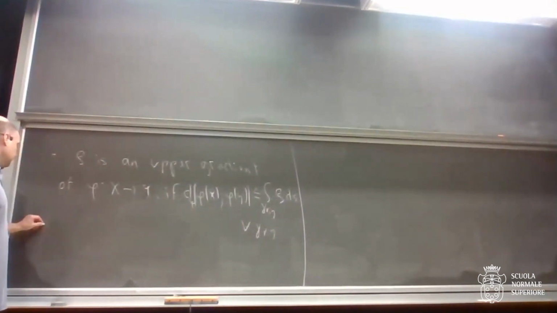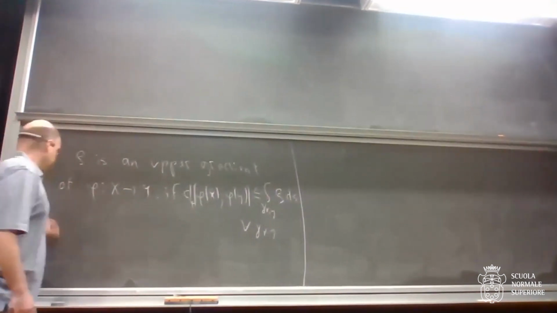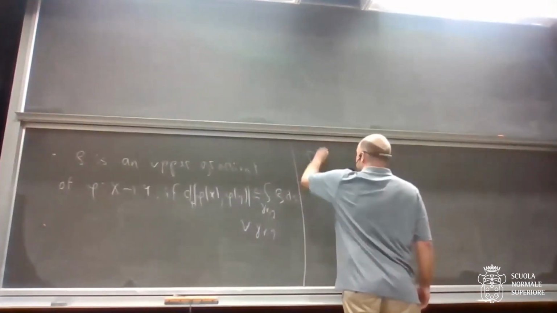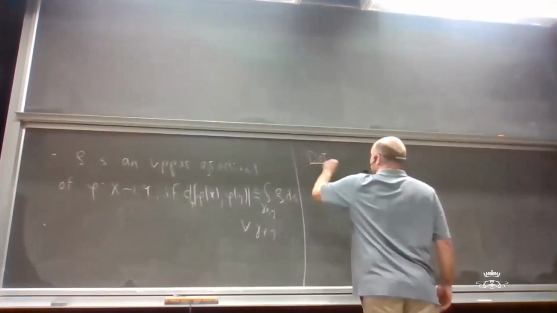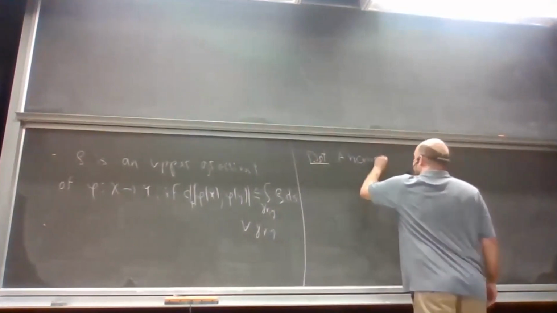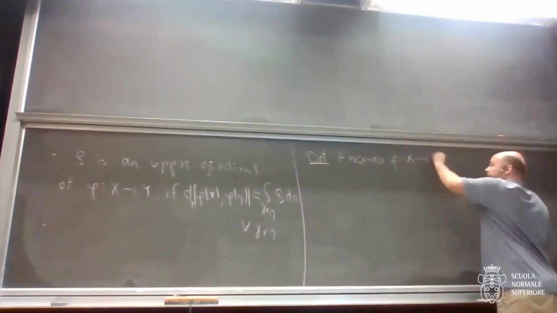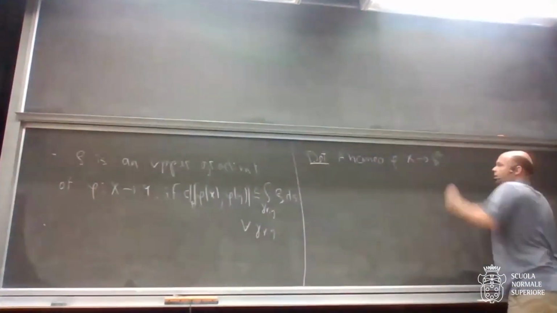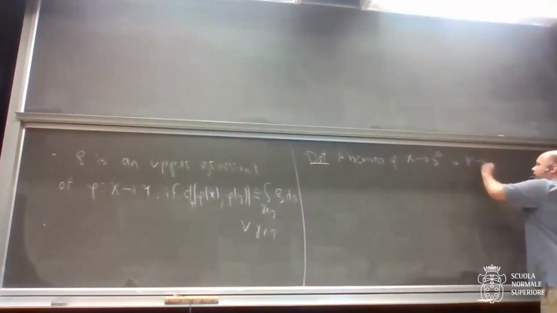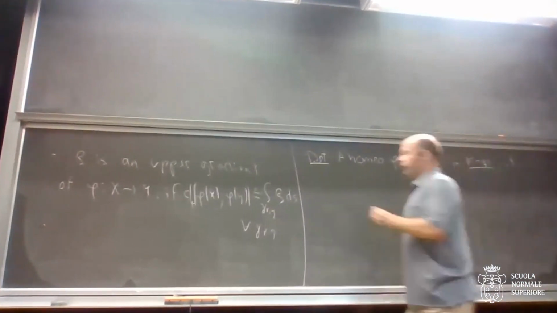Now we can define what conformality is. We say that the homeomorphism phi from X to S^2 is quasi-conformal if two conditions hold.